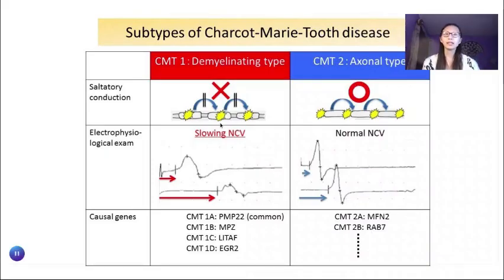In this slide, I am demonstrating a diagram that contains pictures of a demyelinating type and an axonal type. The demyelinating type affects the myelin, while the axonal type affects the axon.